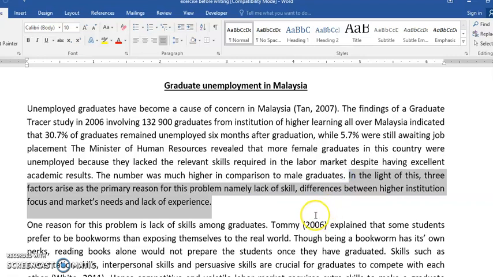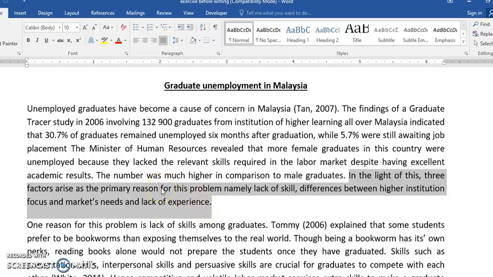introductory paragraph. Now, is this the thesis statement? Let's read. In the light of this, three factors arise as the primary reason for this problem, namely lack of skill, differences between higher institution focus and market's needs, and lack of experience.